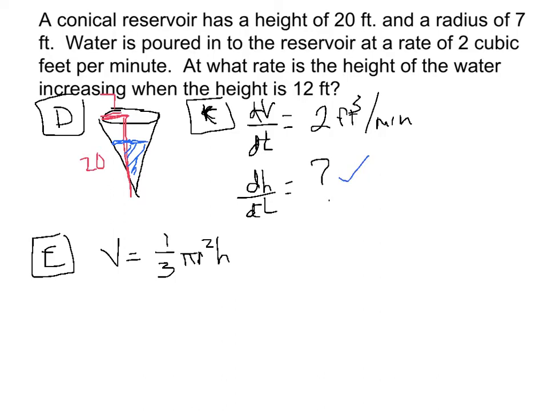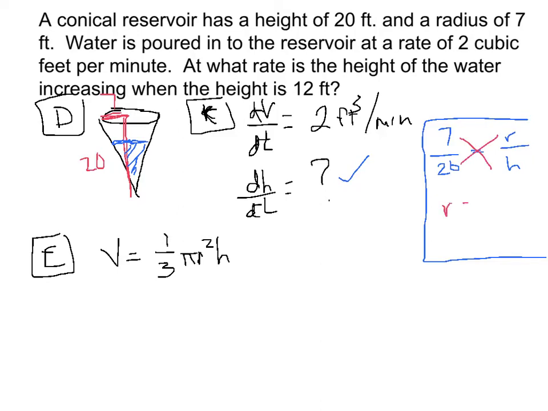So to avoid product rule, we're going to set up a little ratio. And this is where the actual dimensions of the cone become so important. We said that we have a radius of 7 and a height of 20. Okay, that's our radius to height ratio. If I did some cross multiplying, I would get that r is equal to 7/20 h.